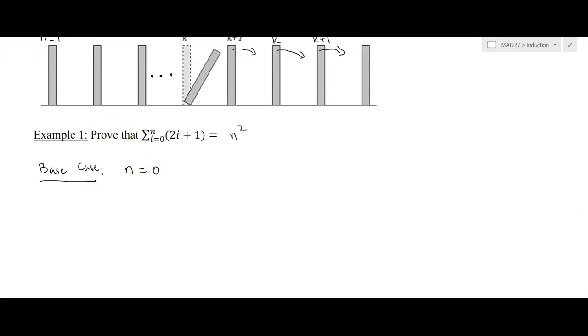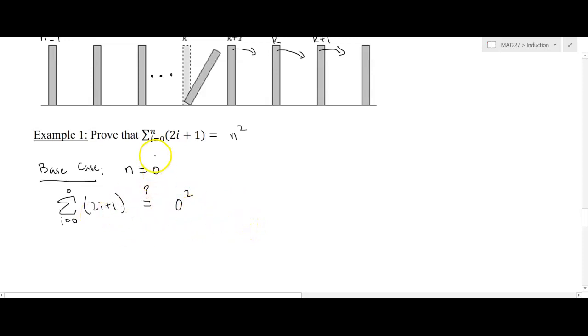So what we have to do here is we just have to show that if you sum from i equals 0 to 0 of 2i plus 1, that's going to equal, and I'm going to put a question mark above the equal sign right now because I am just trying to see whether or not this is true.